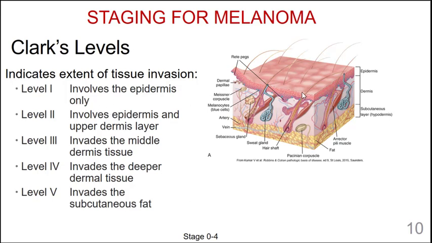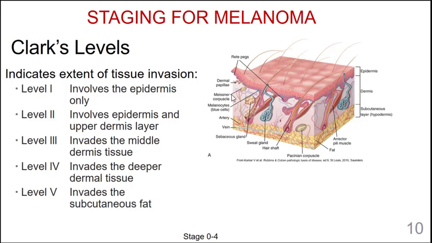So with level 1, it's only involving that top layer of skin, the epidermis, where, remember, those melanocytes where the melanoma originates is going to be found within that basal layer. But level 2, this involves not only the epidermis, but the layer of skin beneath it. So we're talking about the upper part of the dermis.